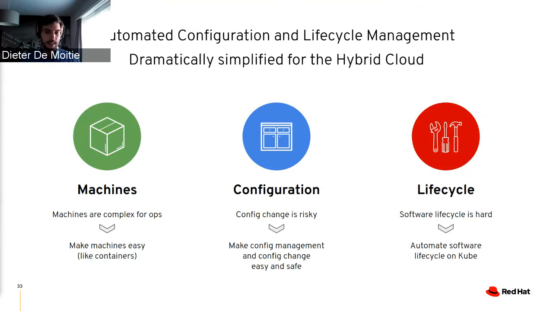So by just clicking a couple of buttons, you can do an update of the whole system. And if you don't even want to be bothered by machine configuration or the lifecycle management of the platform, there are still managed OpenShift platforms. We have OpenShift running on different cloud providers.